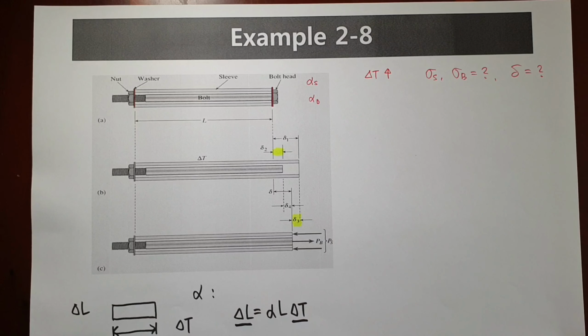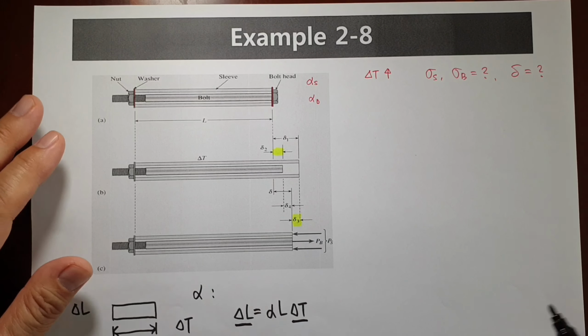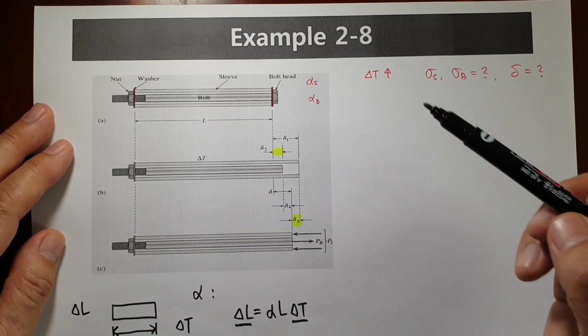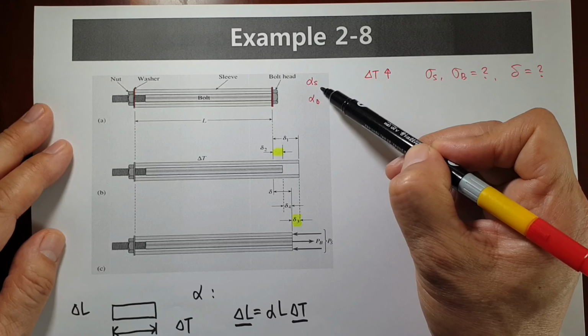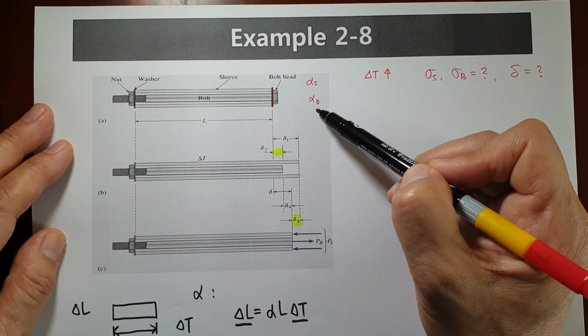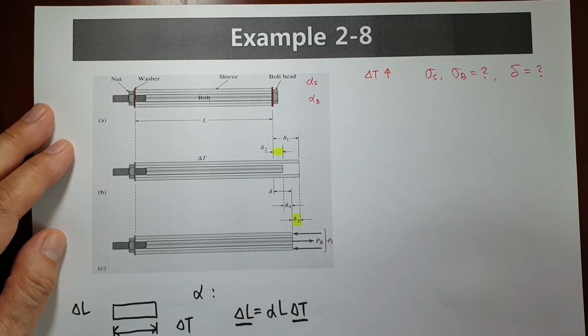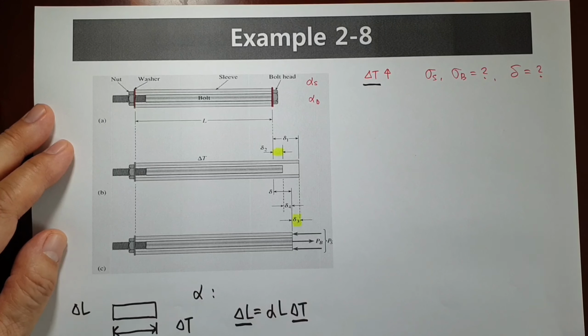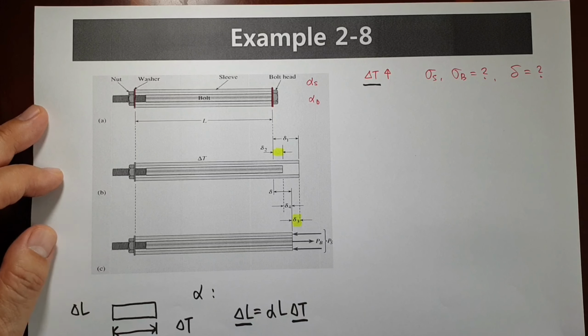Okay, at that point we will consider. And the thermal expansion coefficient of the outside sleeve is alpha S, inside bolt is alpha B. And when temperature changes, delta T, let's say temperature increased, then it's getting longer.